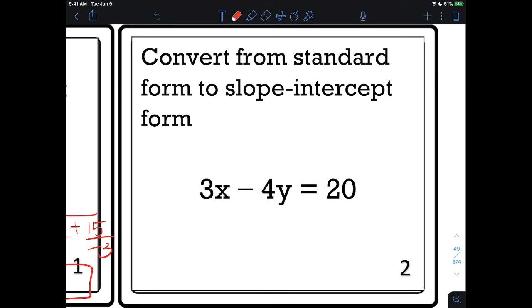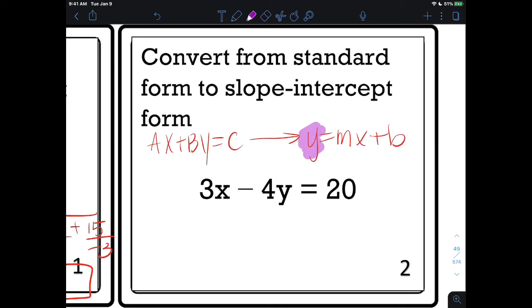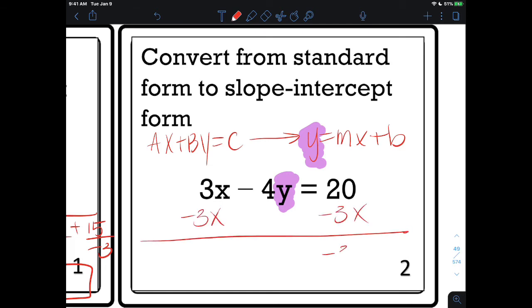And again, I'm going to do the same exact thing. They want me to take it from standard form, ax plus by equals c, all the way over to y equals mx plus b. Noticing that my y is by itself, it's positive, and it's 1y. So I'm going to highlight that y, everything that's on the same side, but that is not attached to it, I'm going to move, exciting move, noticing that I'm writing my x in the front.